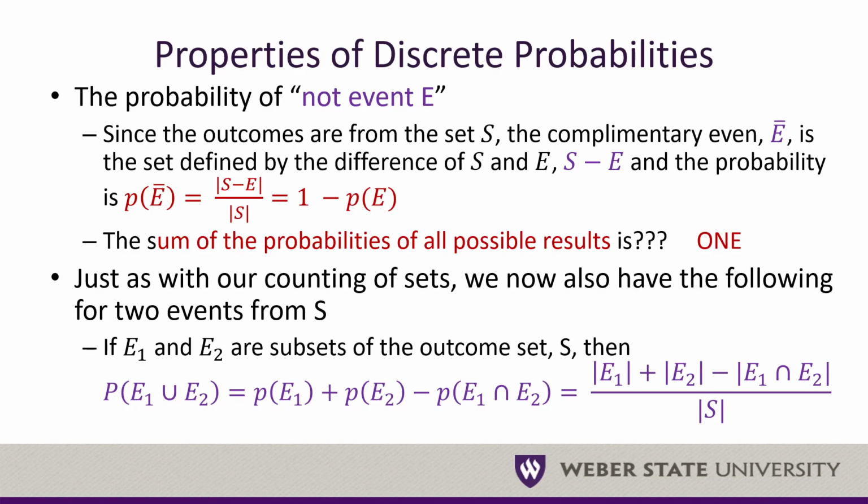And as we saw before, when it comes to counting, then I have to be able to count how many elements are in set E1 plus how many elements are in set E2, and then I have to be able to subtract the number of elements in their intersection in order to get the actual probability there. And we find that those formulas actually work for us.